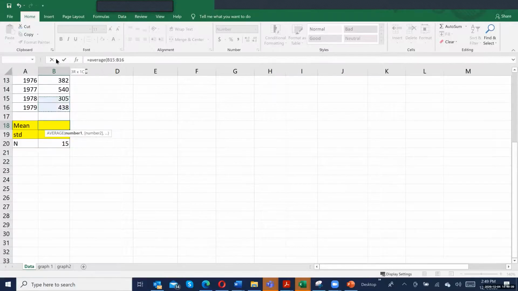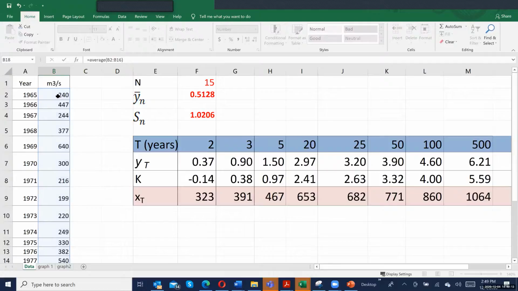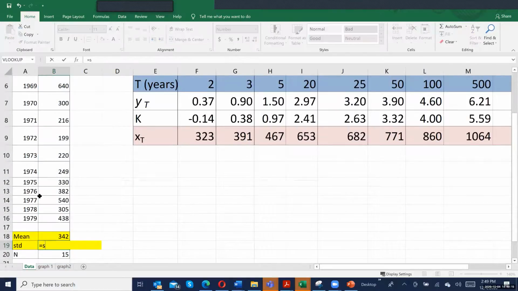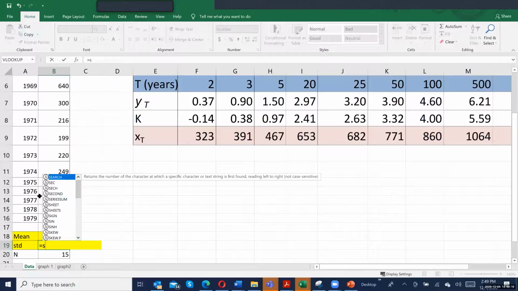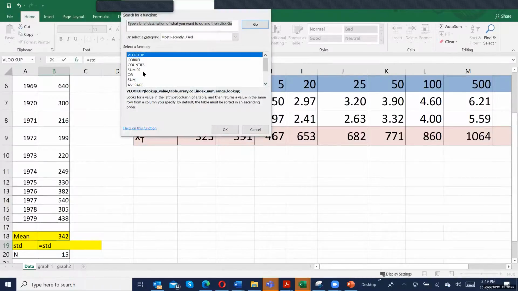The one that I sent you is... Okay, then this one is STD, standard deviation.